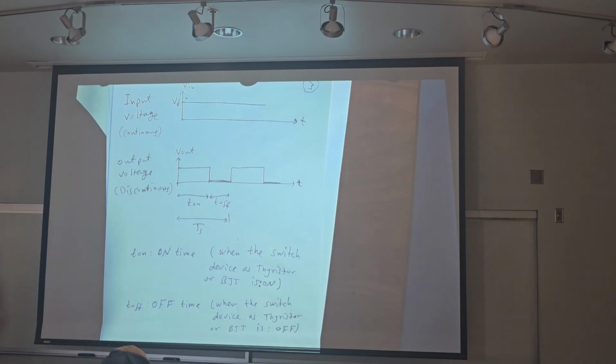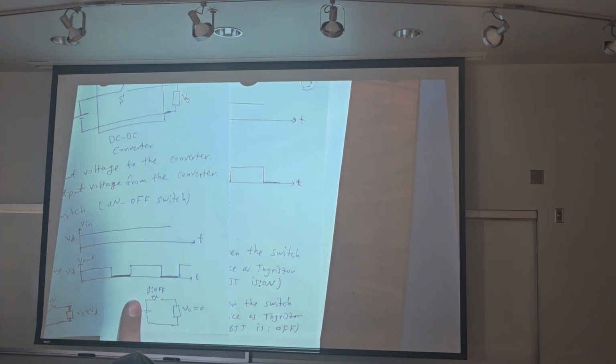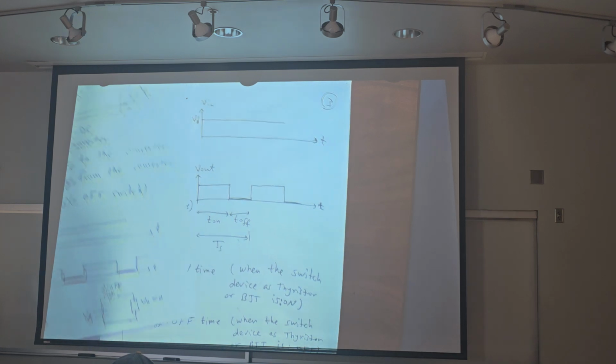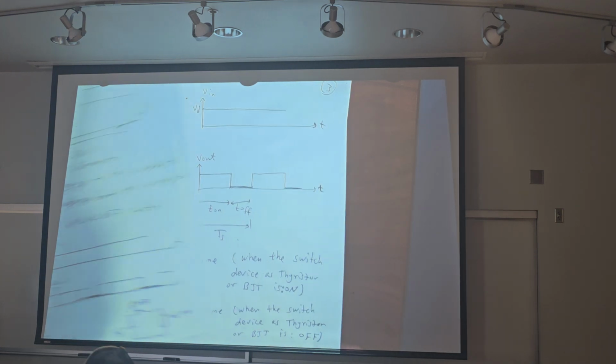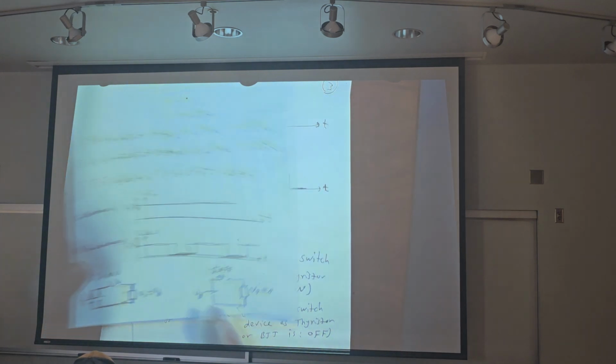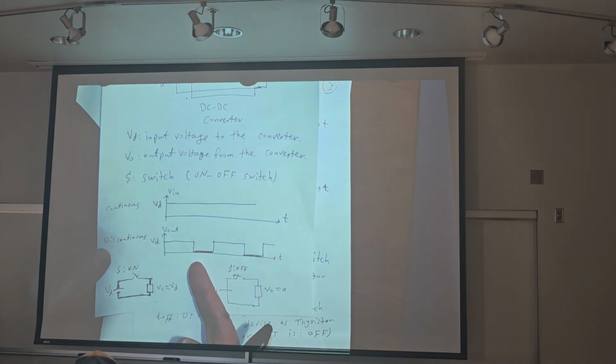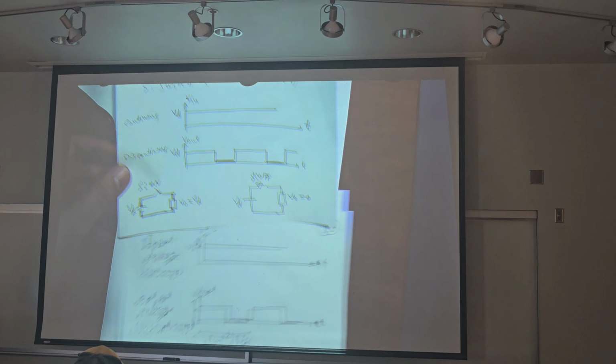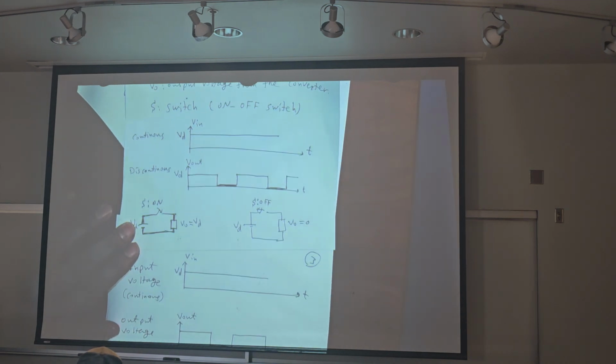So yes, this is page 3. The diagram on pages 2 and 3, what's the difference? What's the difference between the one you draw here for the continuous and the discontinuous? Same.